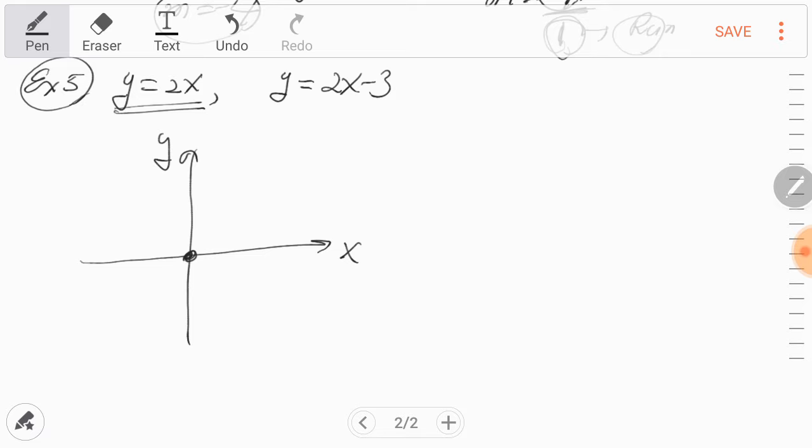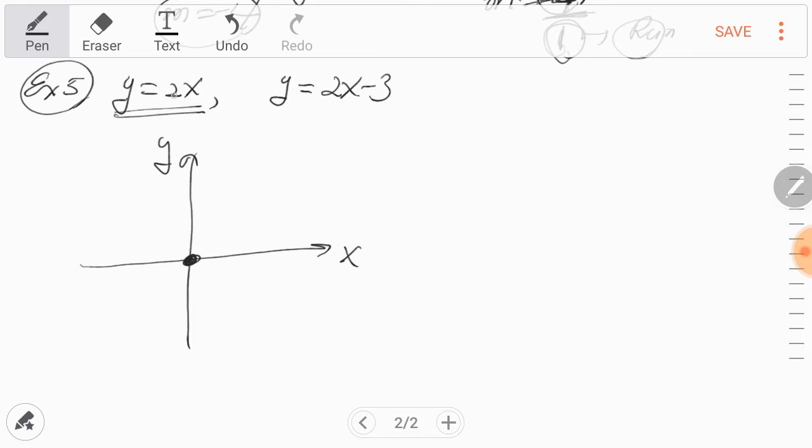So this is the y-intercept. The slope of the first equation is 2, which means 2 over 1. So the rise is 2, so move 2 units up, and the run is 1, so move 1 unit to the right. This is the graph of the first equation.